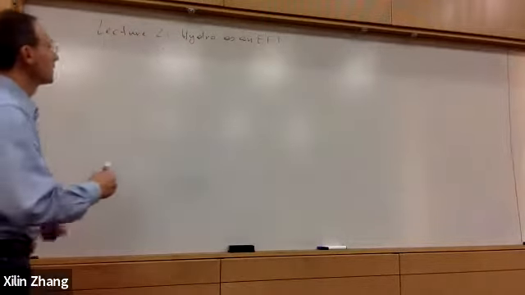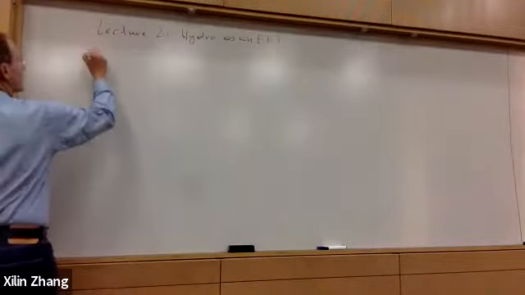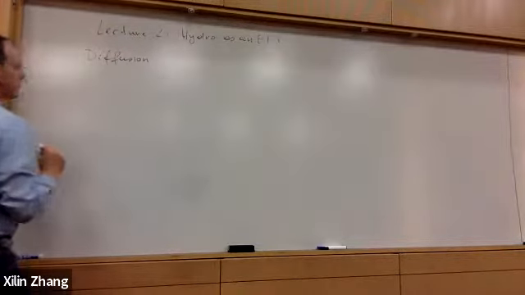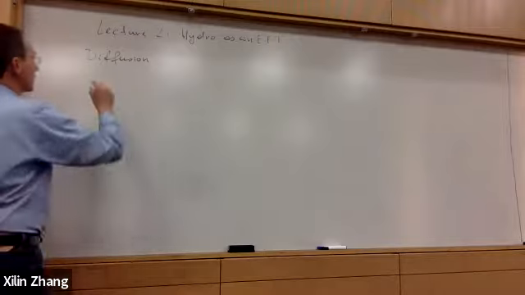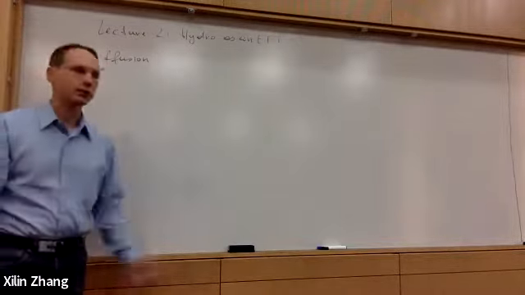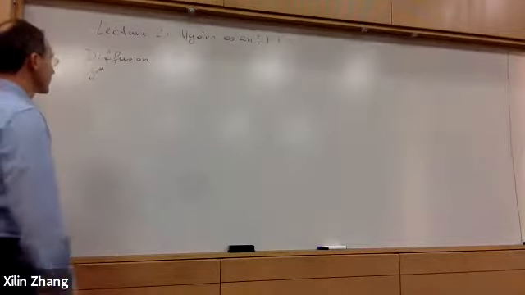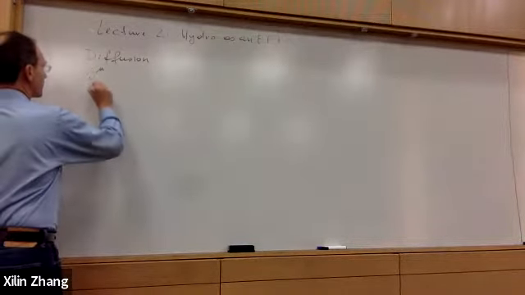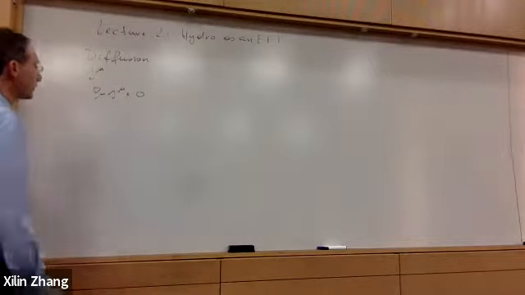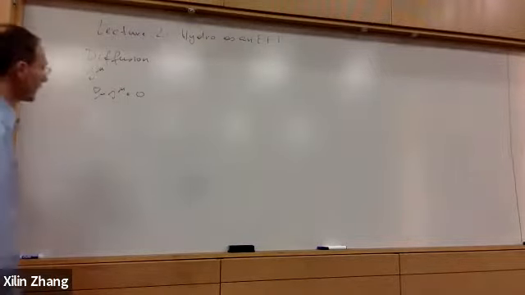So just to reiterate, yesterday we talked about diffusion. The central object for diffusion is some charged current, for instance an electric current, or a mass current, something like this, that is conserved. So it obeys a conservation equation, ∂_μ J^μ = 0.